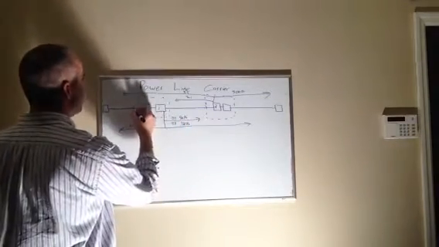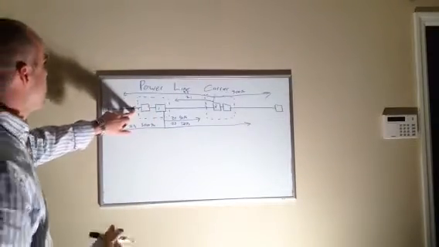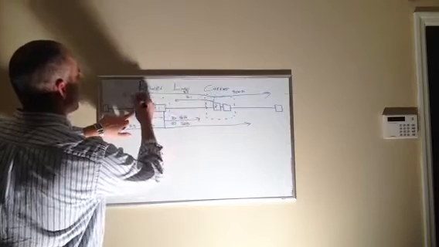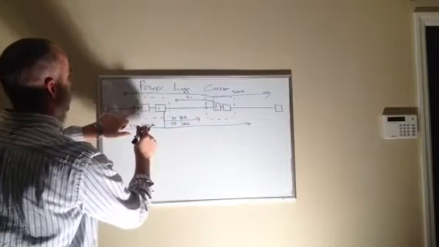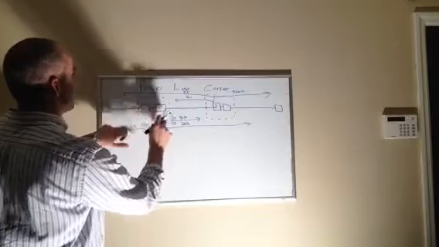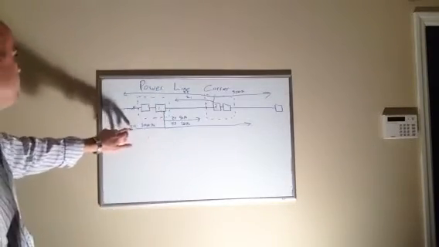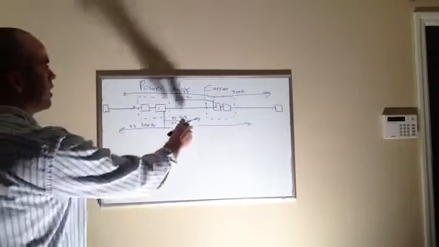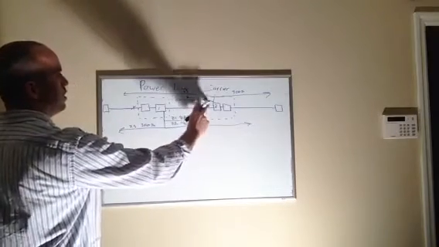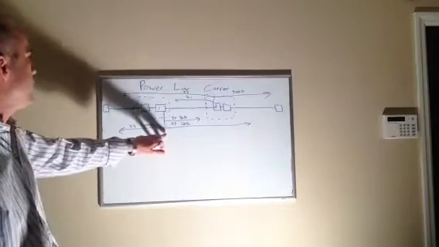Okay, let's put the fault here. If we put the fault here, this breaker is still going to see the fault. But the Zone 3 from this breaker also sees it because it's reverse looking. Breaker 1, Zone 3 is seeing that, so it knows it's reverse looking. So it's sending a carrier blocking signal back to breaker 2, and it's saying, hold on, wait, it's not in the primary line segment.